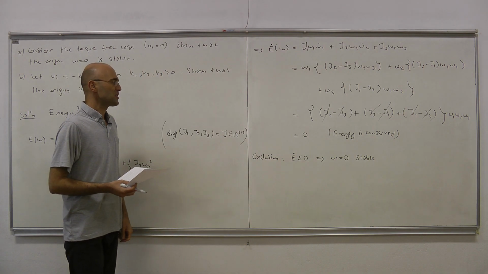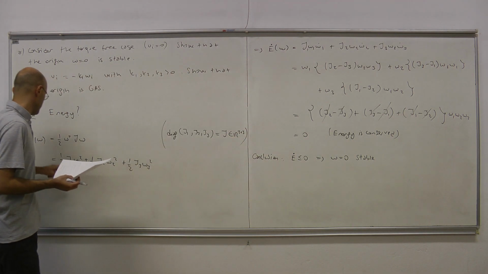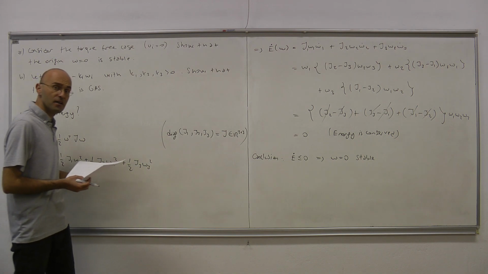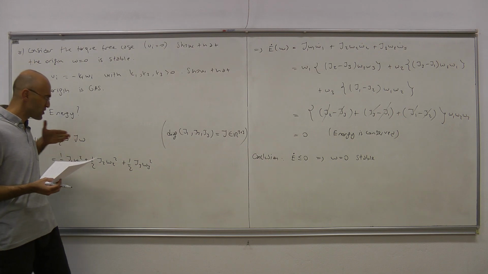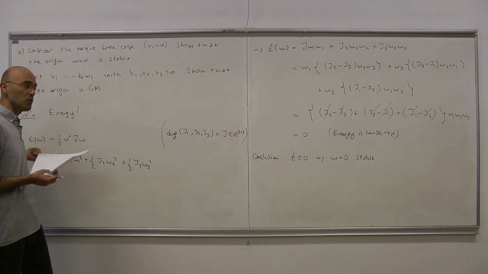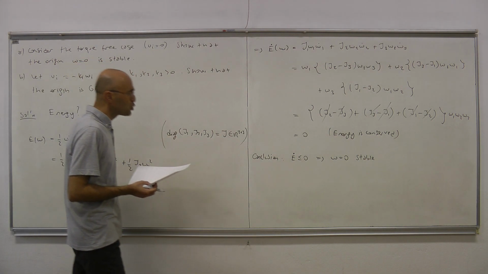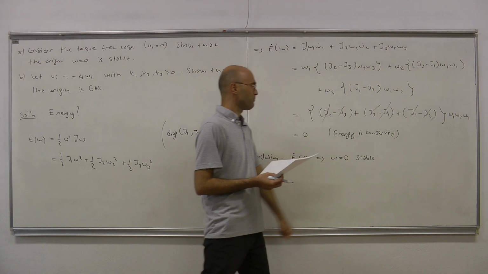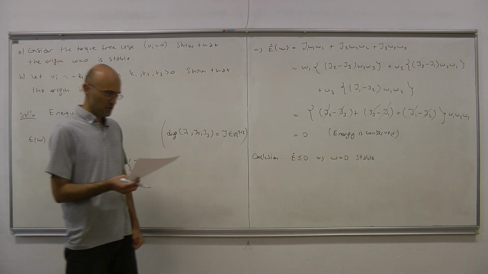So that means E is constant. And if E is constant, it means that the state cannot be converging to the origin, because state converging to the origin would mean that E has to converge to zero also, but E is not converging anywhere, it's constant. Therefore, we can be sure that the origin is not asymptotically stable.